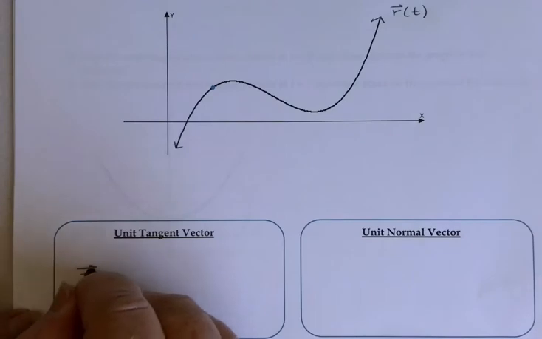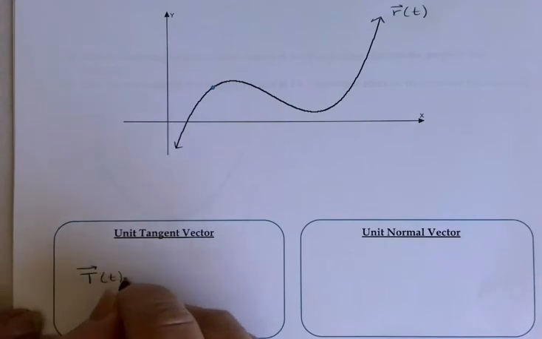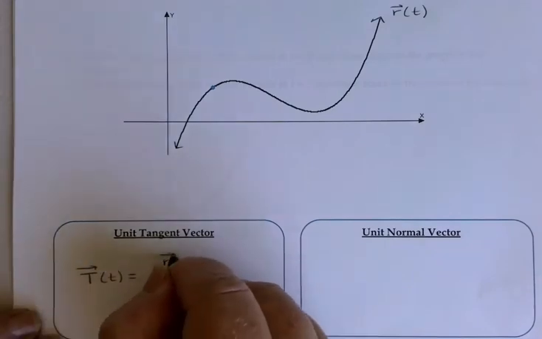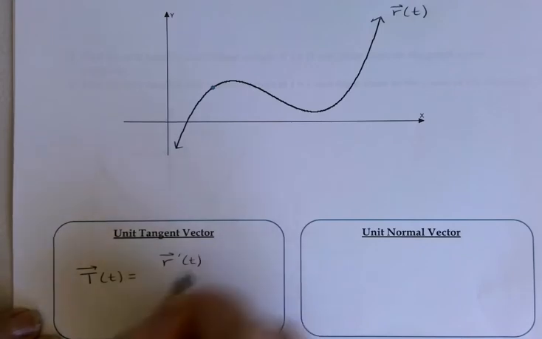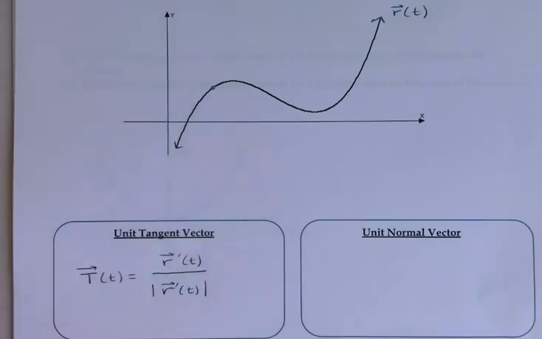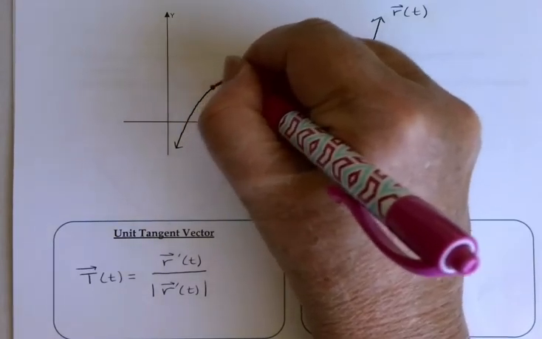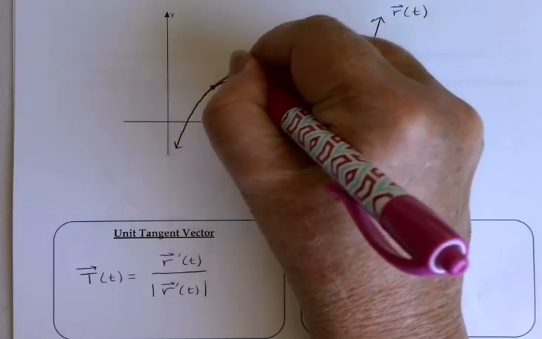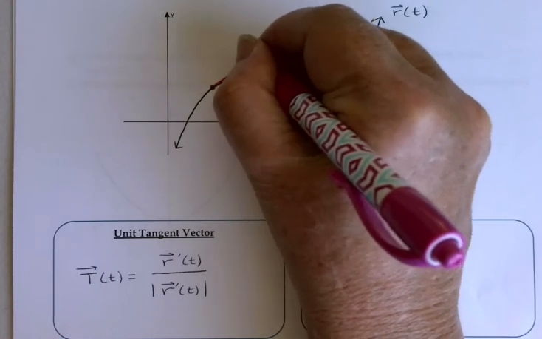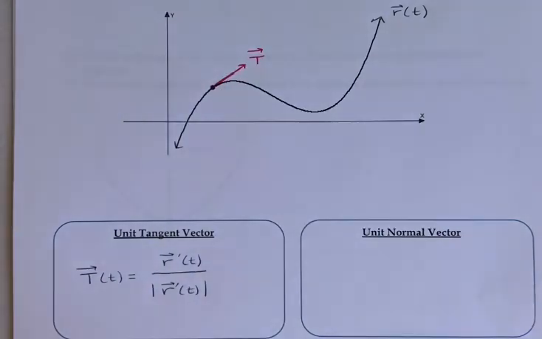The unit tangent, capital T of t, will be first of all the derivative. That's how we make a tangent. And then we divide by the magnitude of the derivative in order to make it into a unit vector. So I now have a tangent vector of length 1. So on my curve right here, I would have this tangent vector of length 1, and that would be my unit tangent.